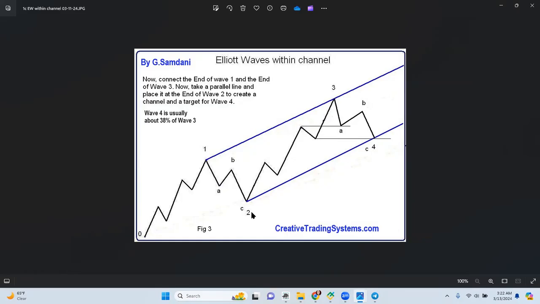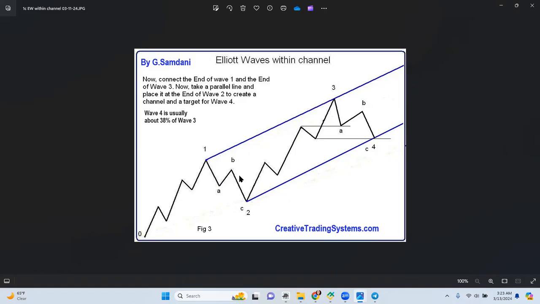Sometimes it's a little shallower, maybe 35 or 40, but not much less. Mostly wave 4 ends up making a sideways correction. This one is a straight-down zigzag, and we will talk about its characteristics in a separate video.